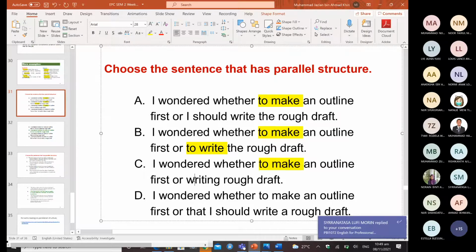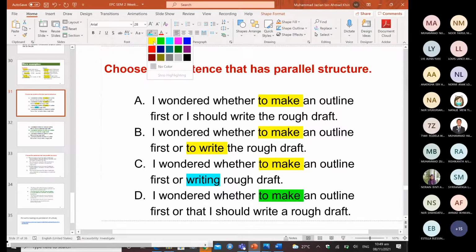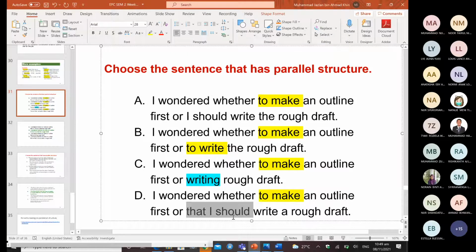And then this is wrong because it's not parallelism. So you see here, another "to make," but instead, this writer puts down "I should write" when it's supposed to be "to write."